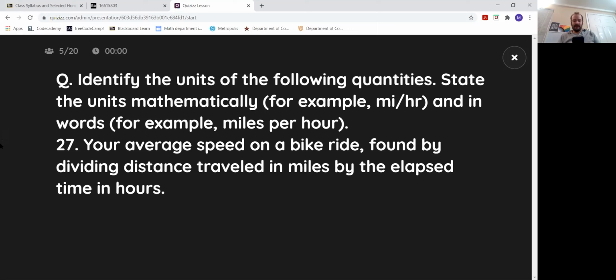So give me one way or another, either mathematically or in words. What your average speed would be. So what is your speed if you're measuring the distance in miles and the time in hours?